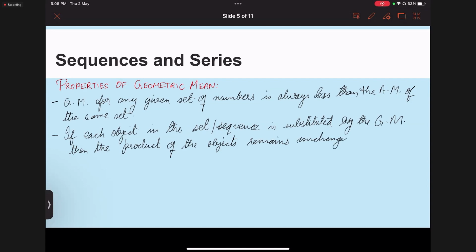We'll see if we find any examples where some of these properties can be seen.